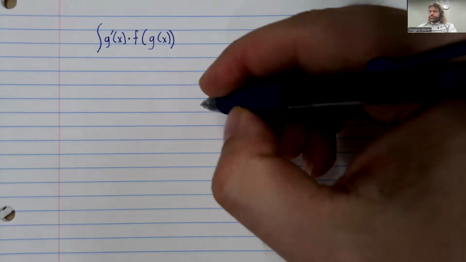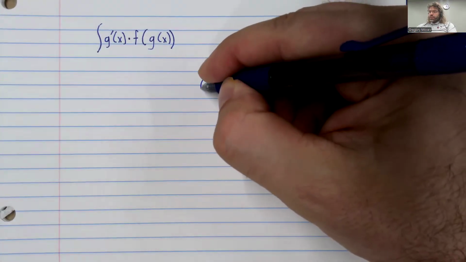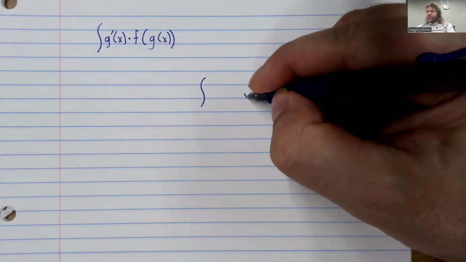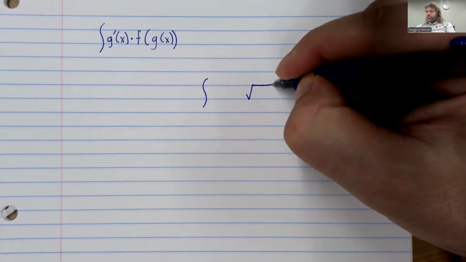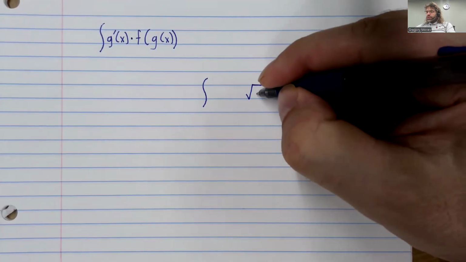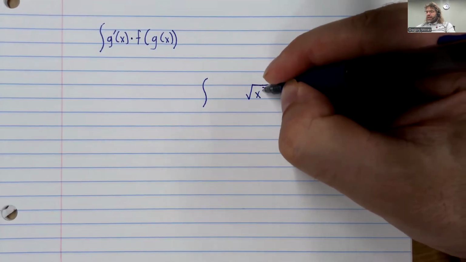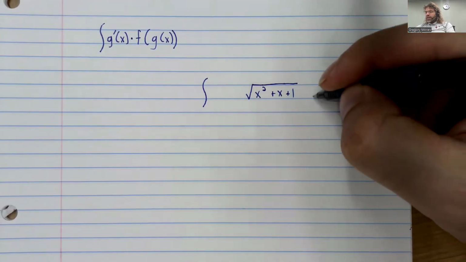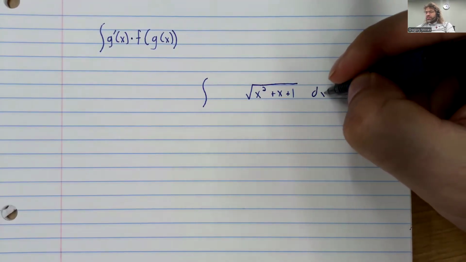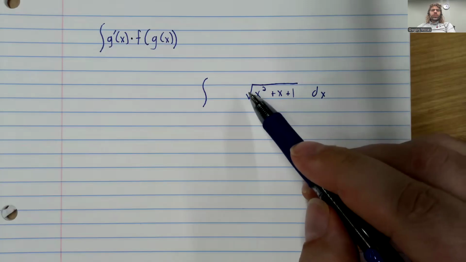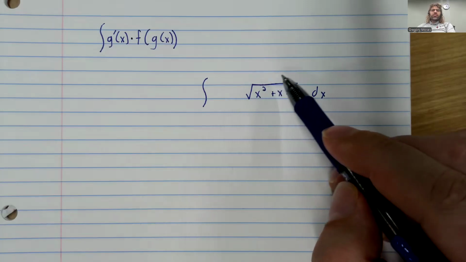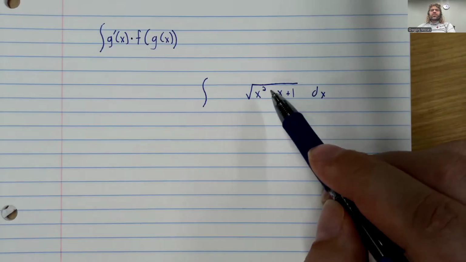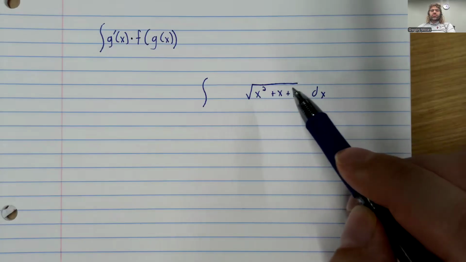So substitution, suppose we have the composition the square root of x squared plus x plus 1 dx. This is a composition. The outside function is the square root. The inside function is x squared plus x plus 1.